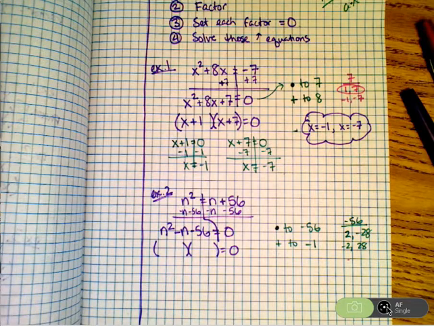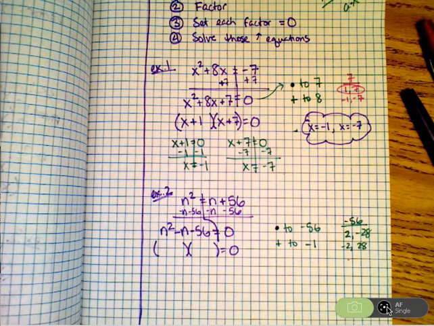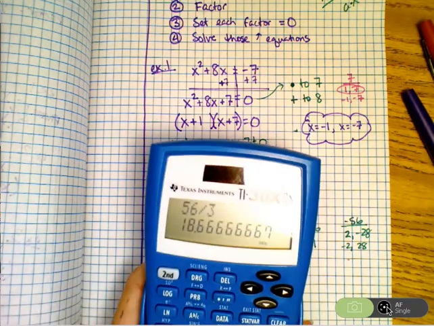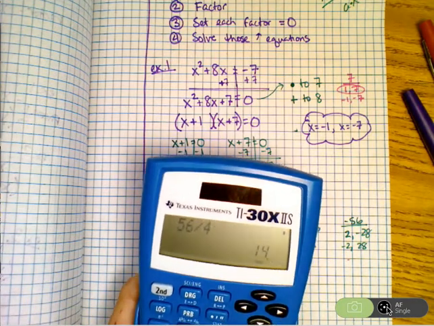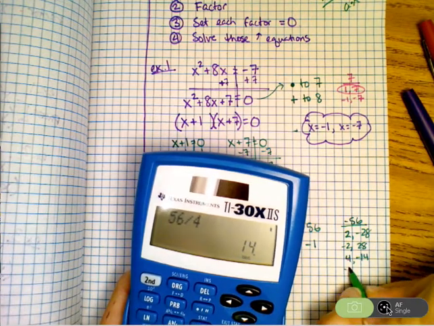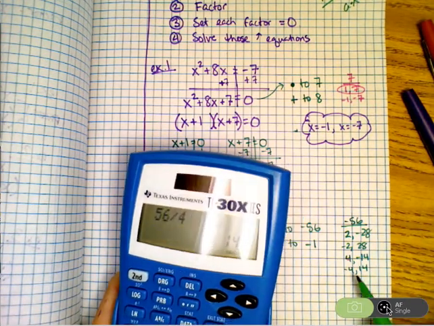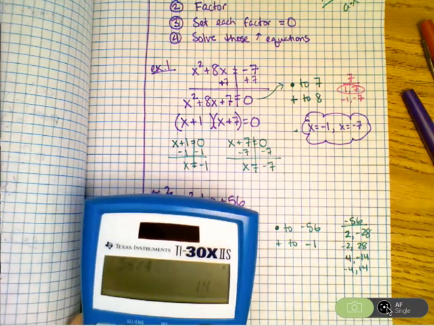If you know your multiplication tables better than I do, you can probably do this more quickly, but I want to keep trying. So 56 divided by 3, uh-oh, that's not a whole number. 56 divided by 4, that one is. So 4 and -14, or -4 and 14. Again, I know one has to be negative to get that -56. Those don't add to -1.